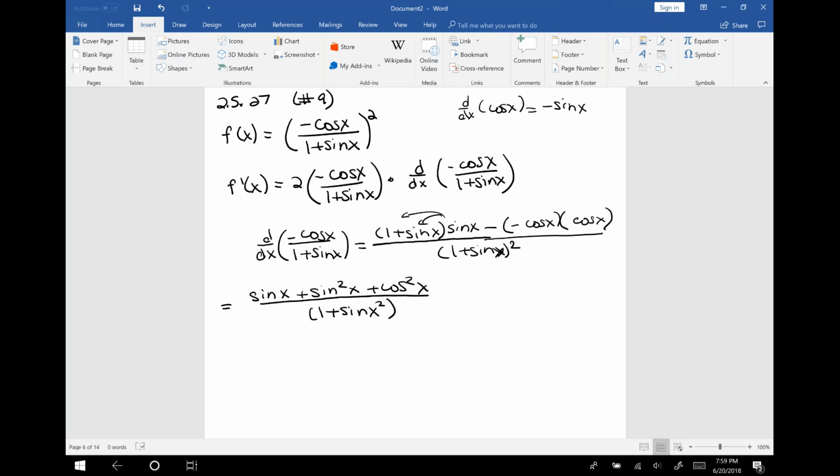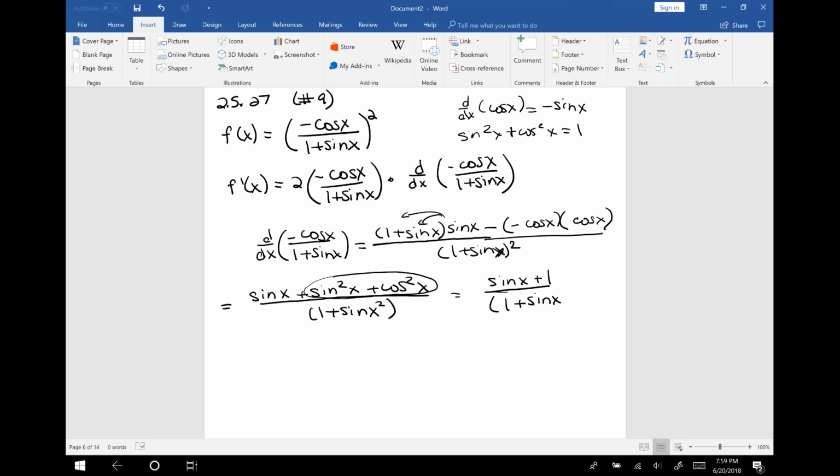All right, then if we look at the numerator, we see that we have sine squared of x plus cosine squared of x. And this is the Pythagorean theorem from trigonometry that says that sine squared of x plus cosine squared of x is equal to 1. So we're going to use that here. So in the numerator, we have sine of x plus 1. And then the denominator, just keep as 1 plus sine of x.